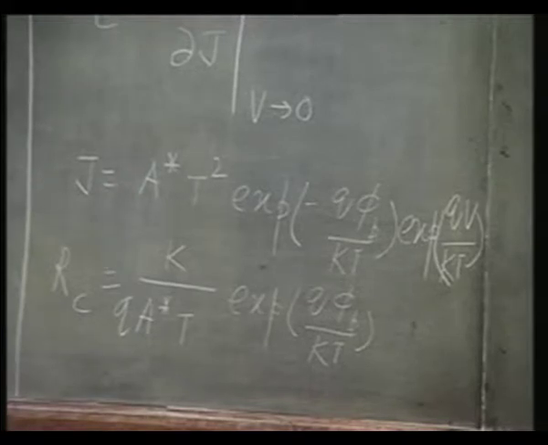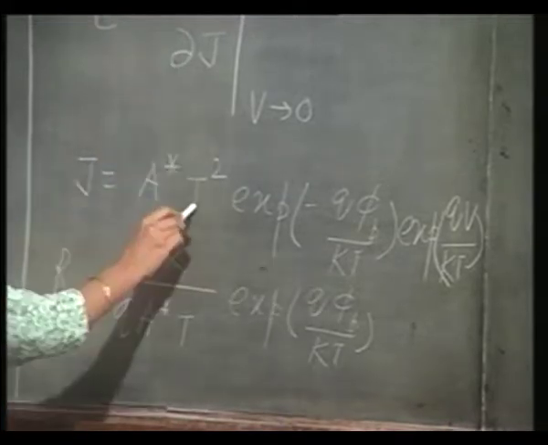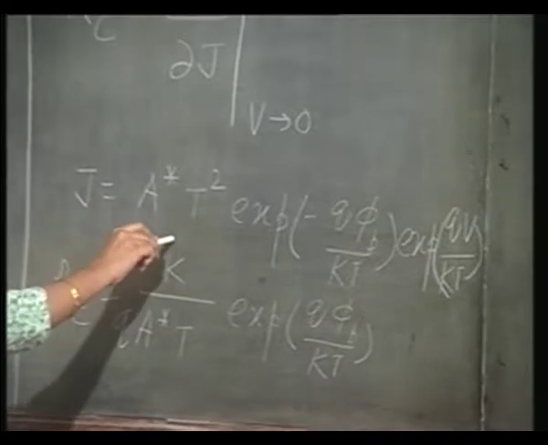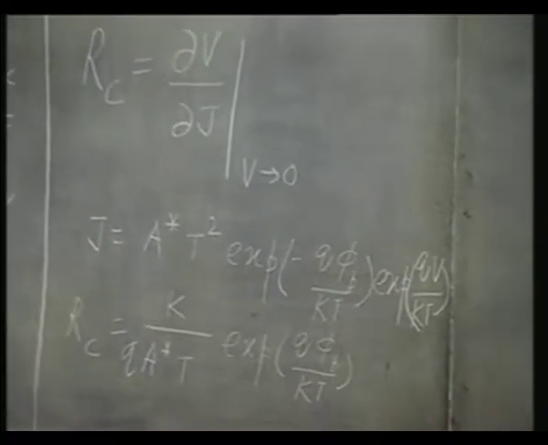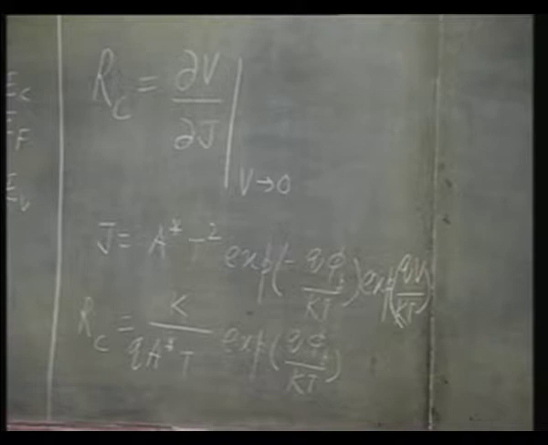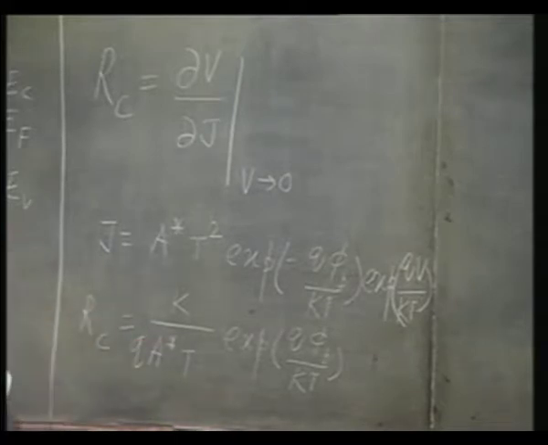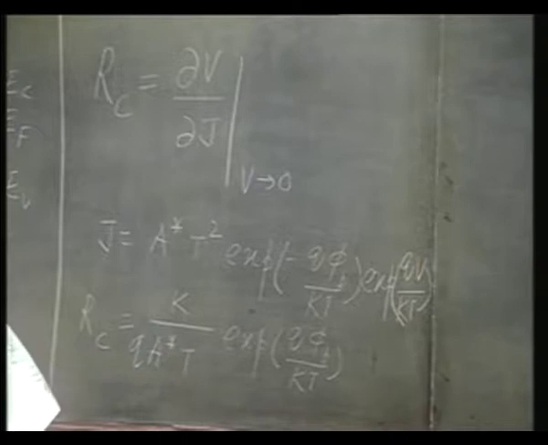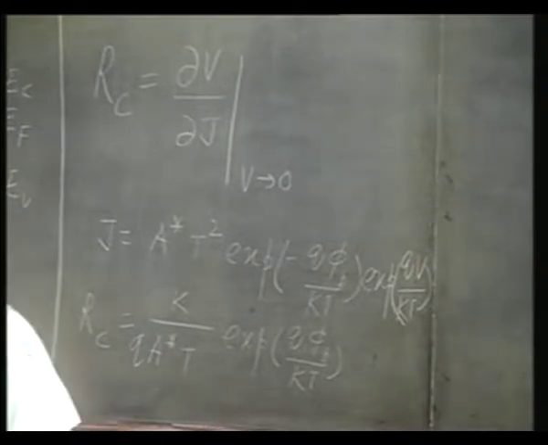If I simply take the derivative dJ/dV, and then put V equal to 0, then the specific contact resistance will simply be given by k/(q A* T) exponential q phi_B by kT.